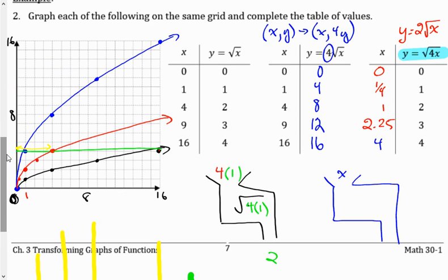So I'm sticking 1 into the red function. What happens is this 1 gets multiplied by 4. And so it's looking over here when x is 4 to see what is this y value. This y value becomes the new y value for when x is equal to 1.